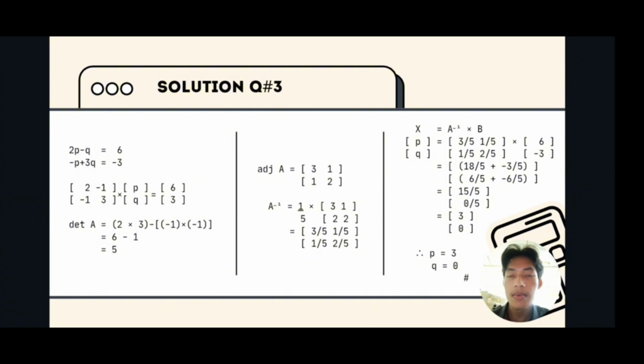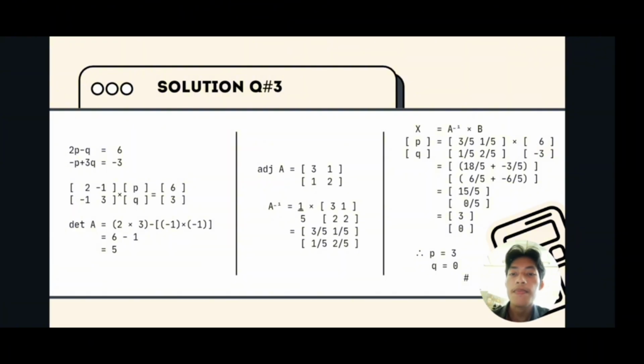And the next step is X equals A inverse multiplied by B. P and Q equal 3 over 5, 1 over 5, 1 over 5, and 2 over 5, multiplied by 6 and negative 3, which equals 18 over 5 plus negative 3 over 5, and 6 over 5 plus negative 6 over 5, equals 15 over 5 and 0 over 5, and the answer is 3, 0.